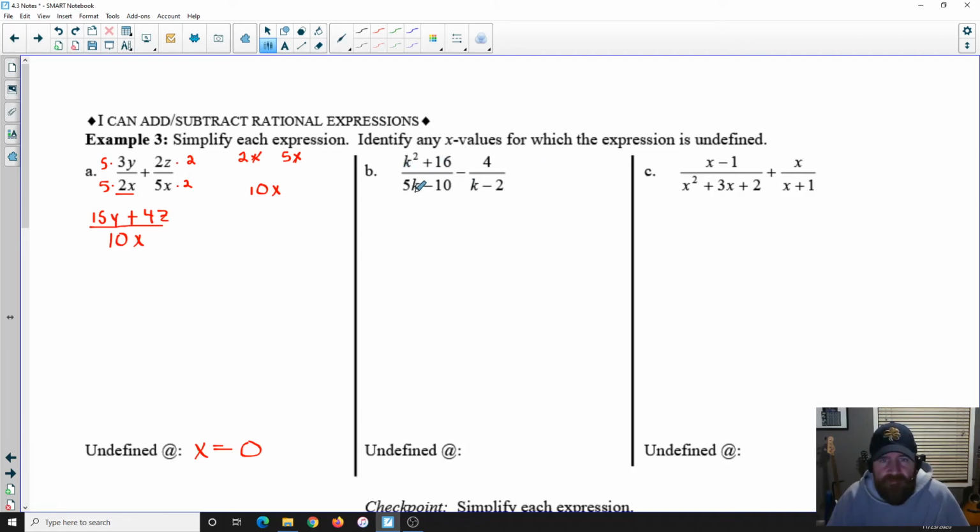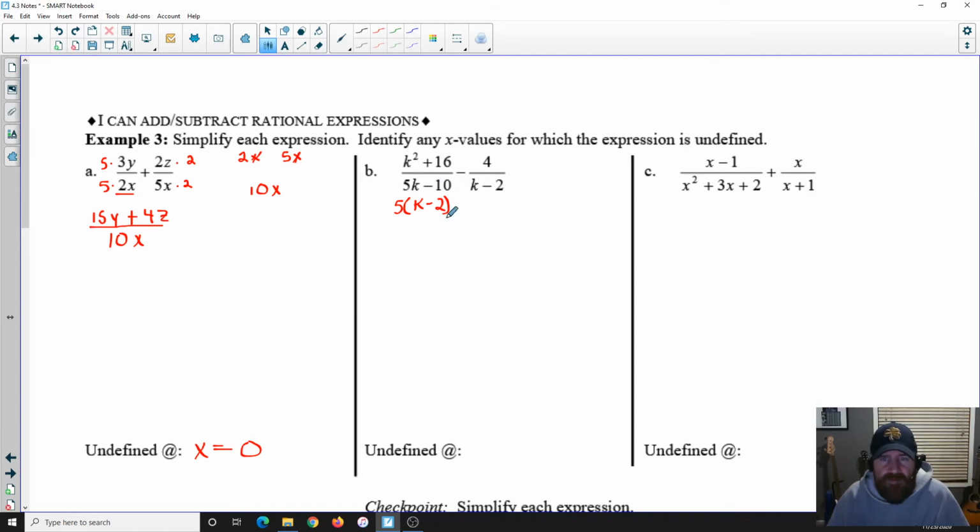Now this one, we have to do a little bit of factoring here. We have to pull a common factor out. So 5 comes out and we get k minus 2 on this one. If we notice these two denominators, the only difference is this 5 out here.